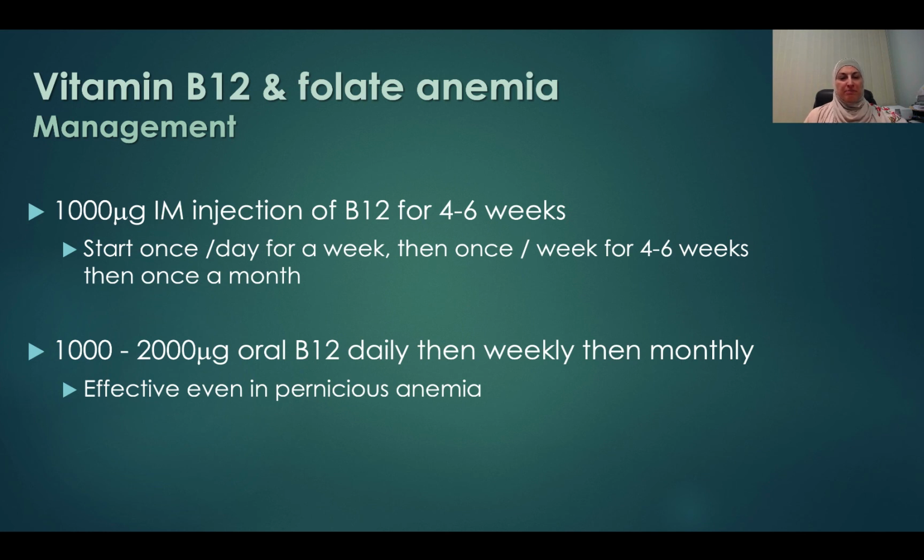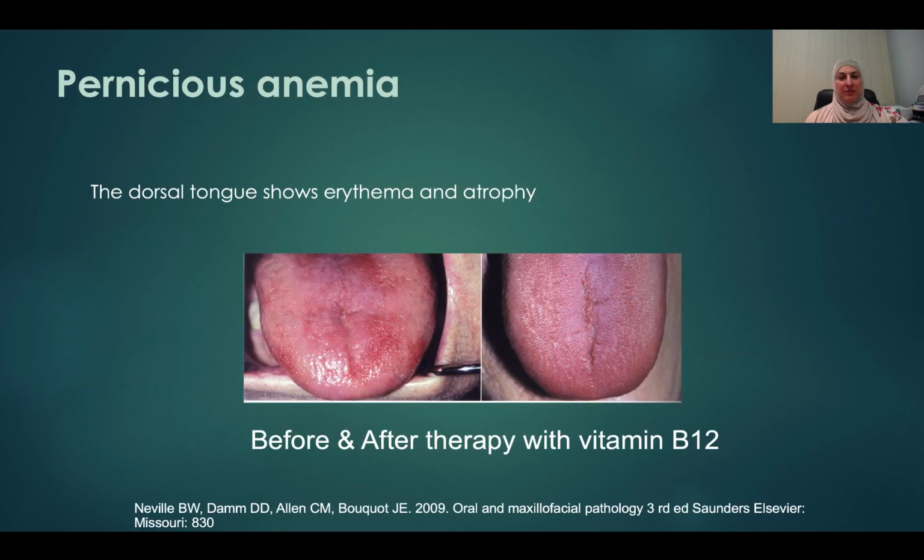If there is no problem in the stomach or in the intrinsic factor, the patient can take oral B12. High doses, of course, higher than the ones given parenterally, and high doses of vitamin B12 might help for maintenance, even in cases of pernicious anemia.